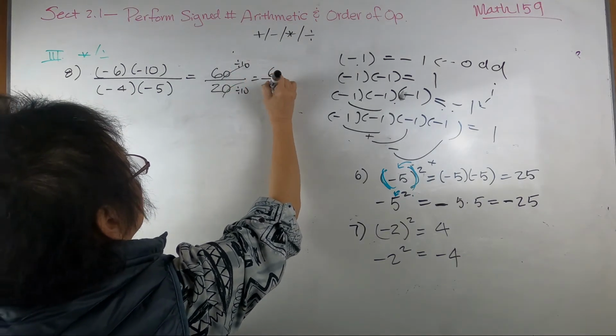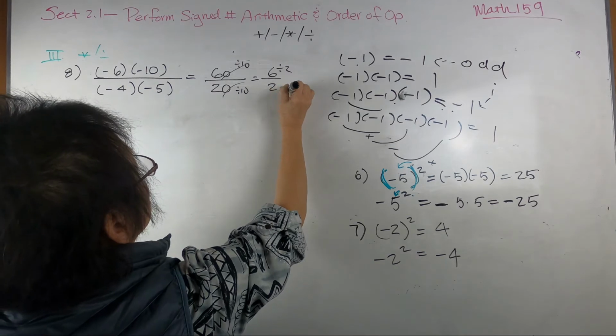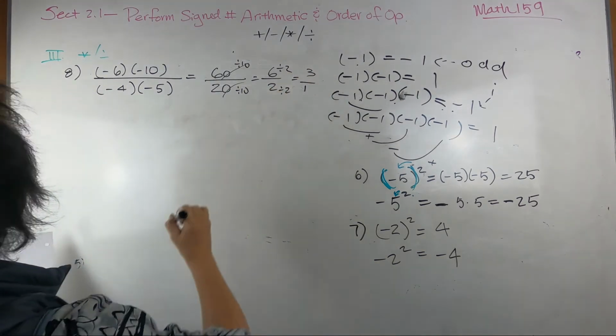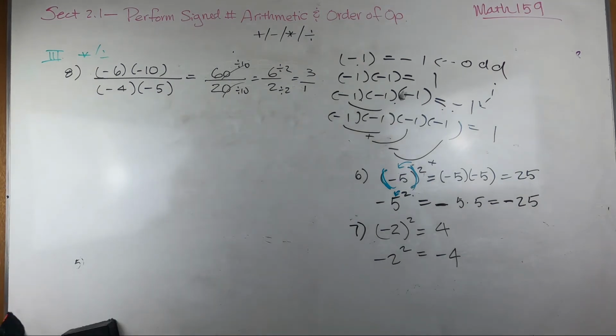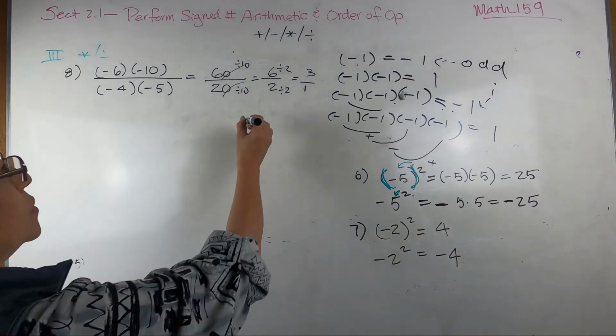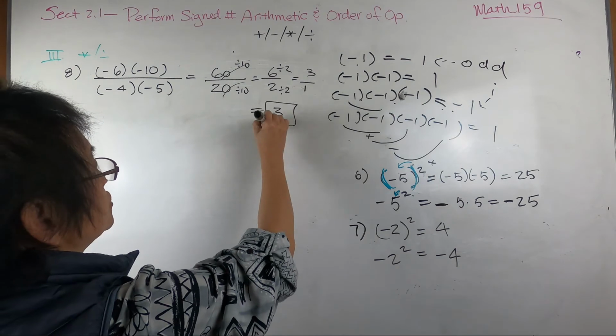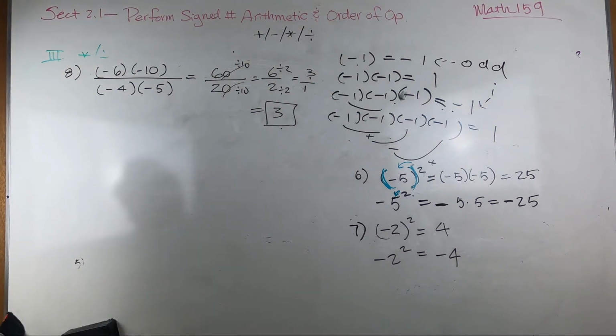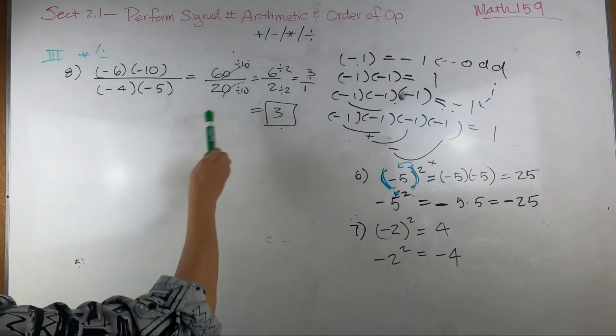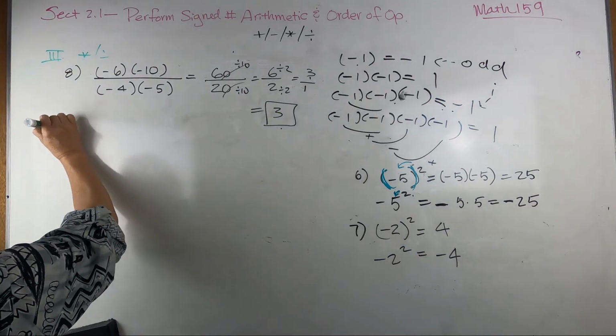Okay, that would be 6/2. Then you divide it by 2, you end up with 3/1. But if you give me 3/1, I will deduct you some points. Why? Not simple enough. You always show your answer in the simplest form, which is 3. You need to show 3 divided by 1 is 3. You need to show the simplest number. Okay?